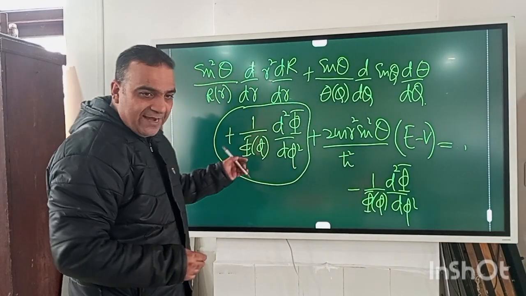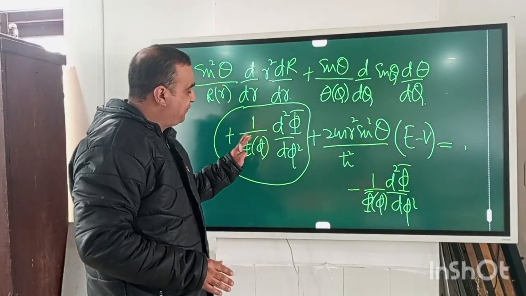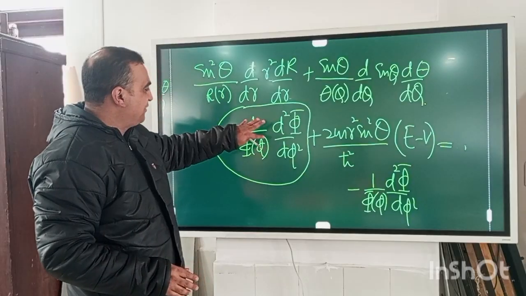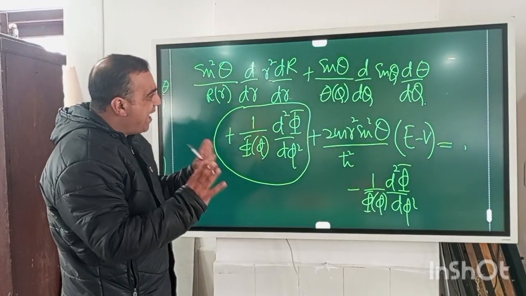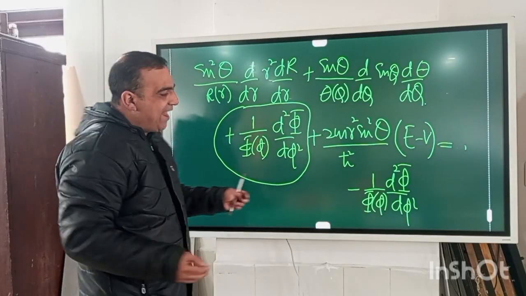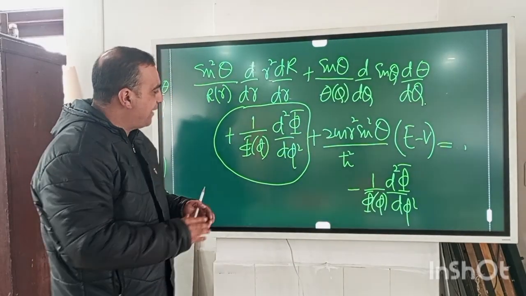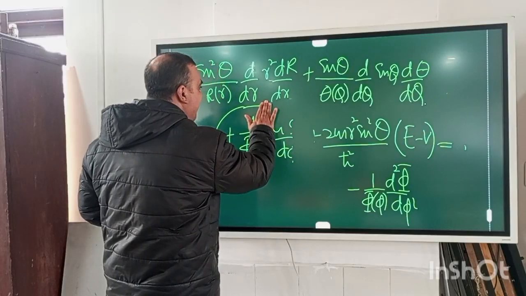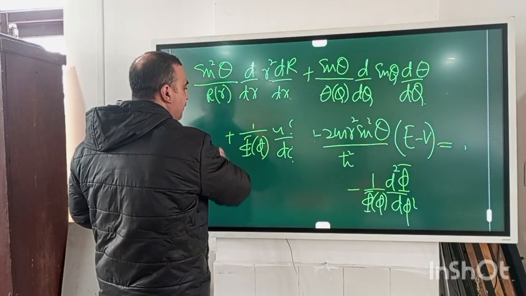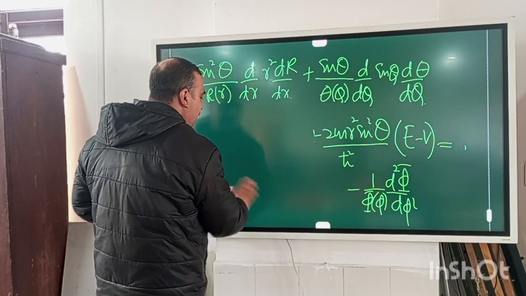So what I have done is I have transferred the azimuthal angle part on the right hand side of this equation. Now I have an equation in the left hand side, and I have an equation in the right hand side. So this part I have taken on the other side.